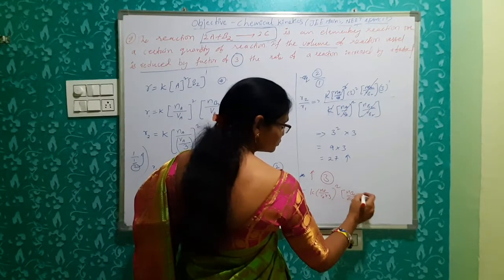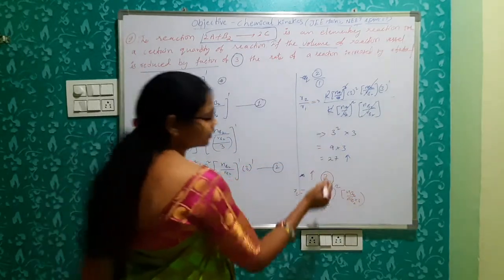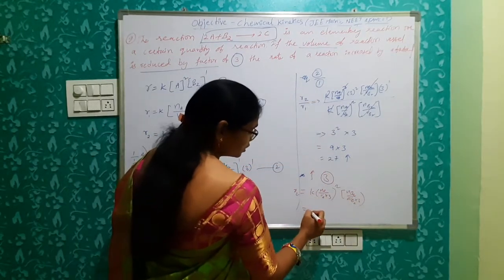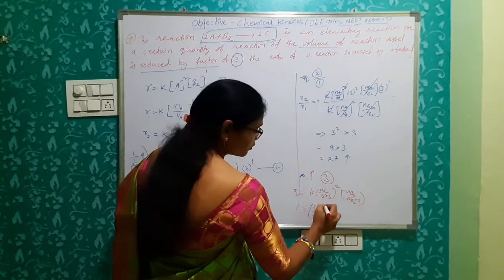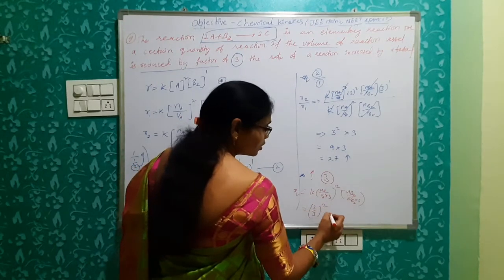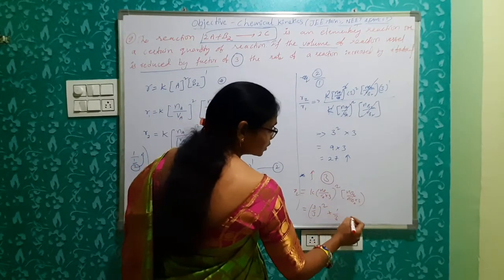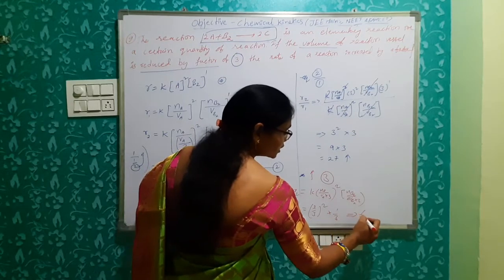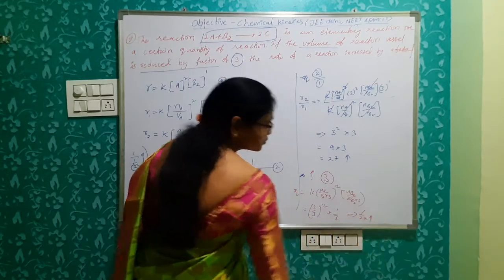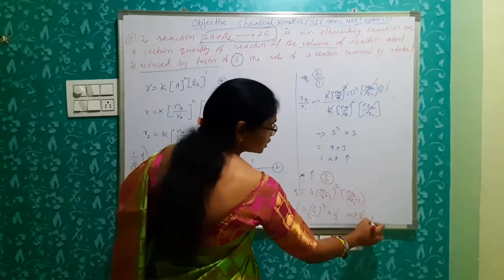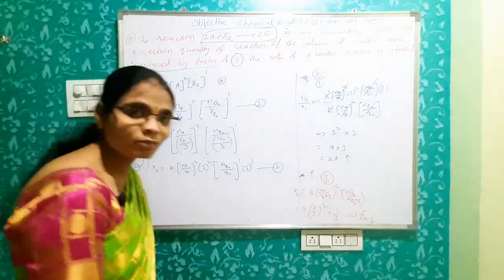By calculating we finally get 1 by 3 whole square into 1 by 3, that is simply 1 by 27. So the rate of the reaction decreased by 27 times.